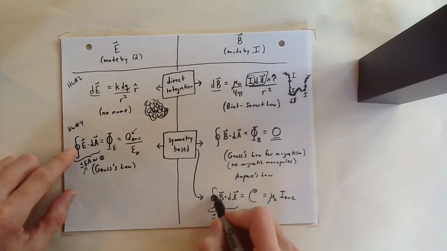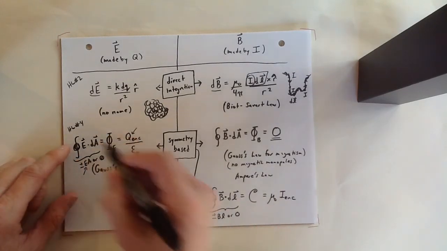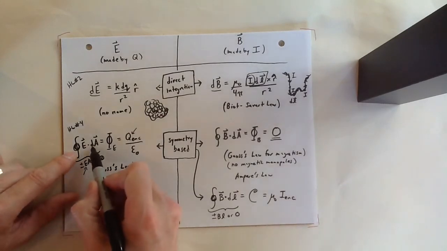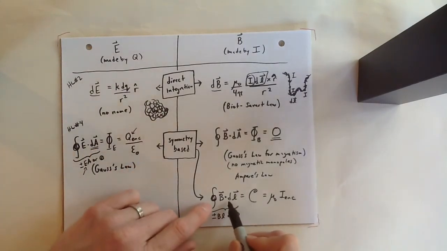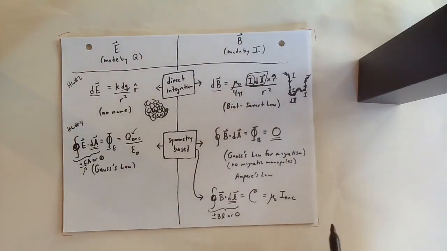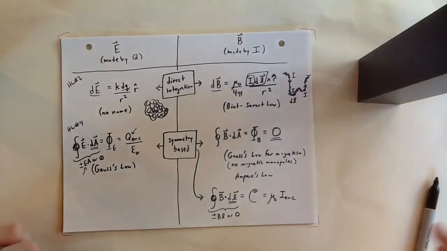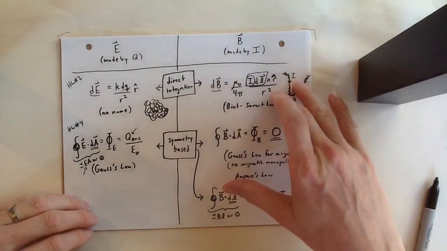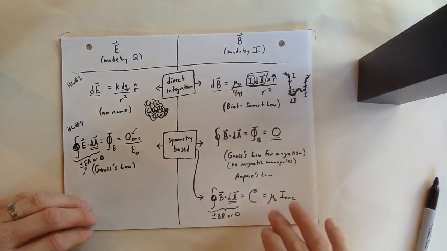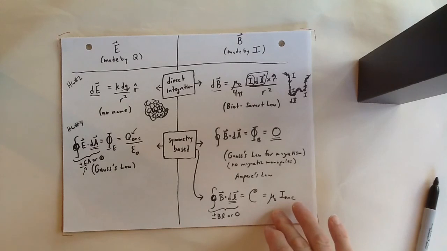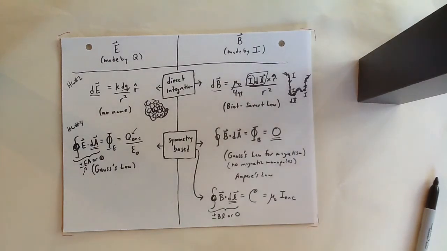Okay, this symbol here reminds you that it's got to be closed, but here it's a closed area and here it's a closed line. So what this is really about is filling in the gaps of how the Biot-Savart law works and how Ampere's law works. I'll bounce those out to separate videos.